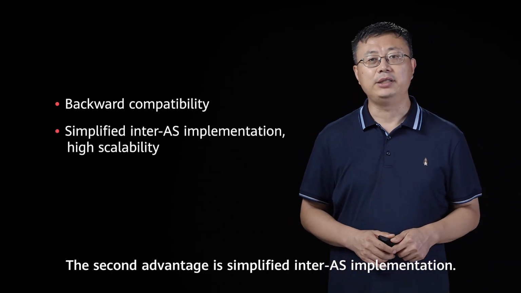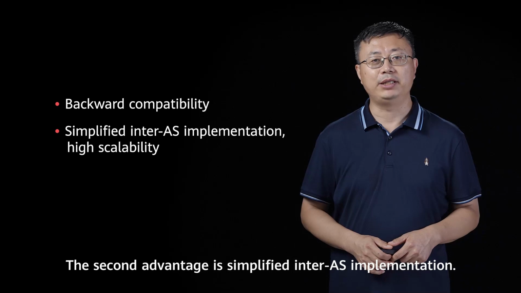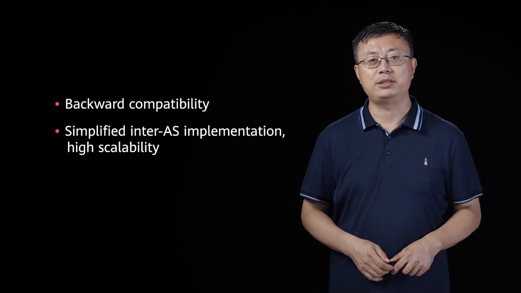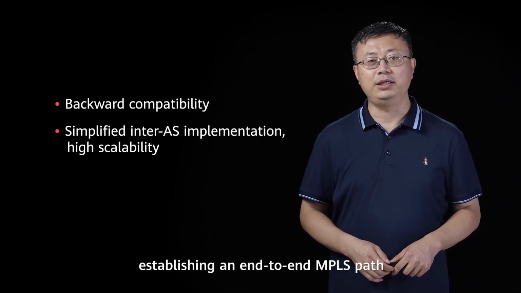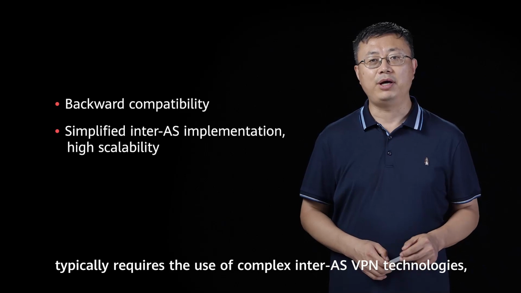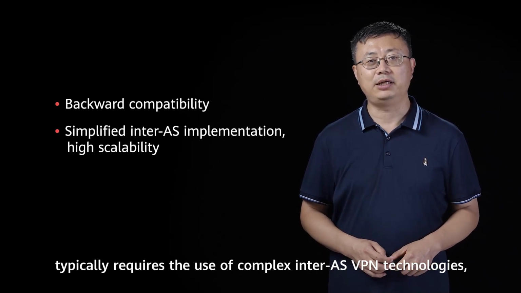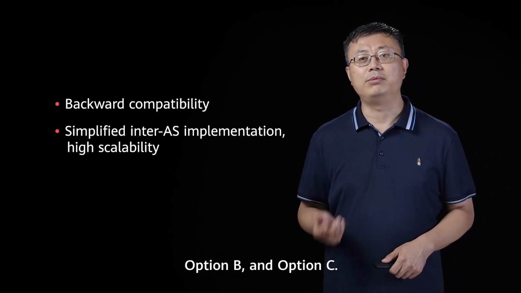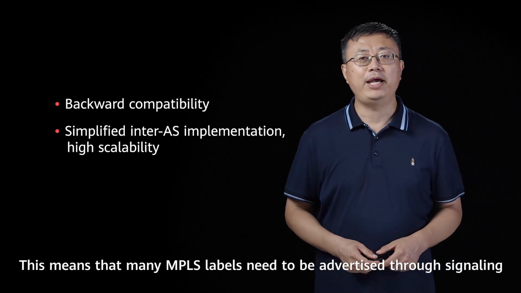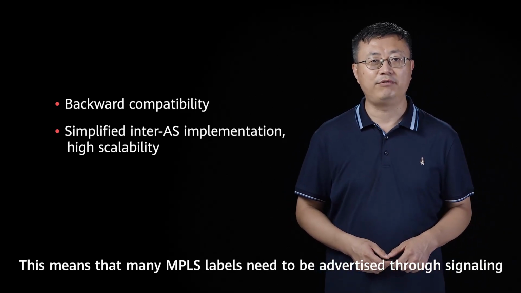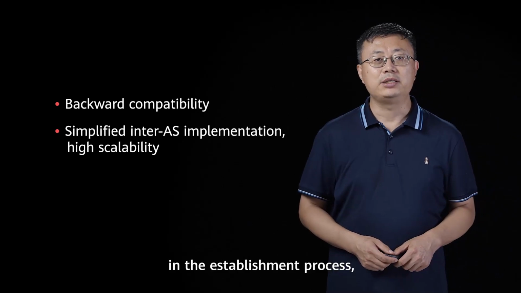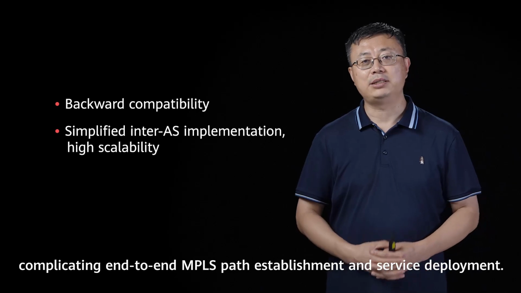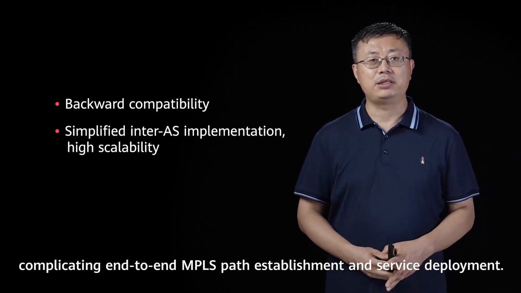The second advantage is simplified inter-AS implementation. In MPLS, because multiple ASs support MPLS, establishing an end-to-end MPLS path typically requires the use of complex inter-AS VPN technologies such as option A, option B, and option C. This means that many MPLS labels need to be advertised through signaling in the establishment process, complicating end-to-end MPLS path establishment and service deployment.